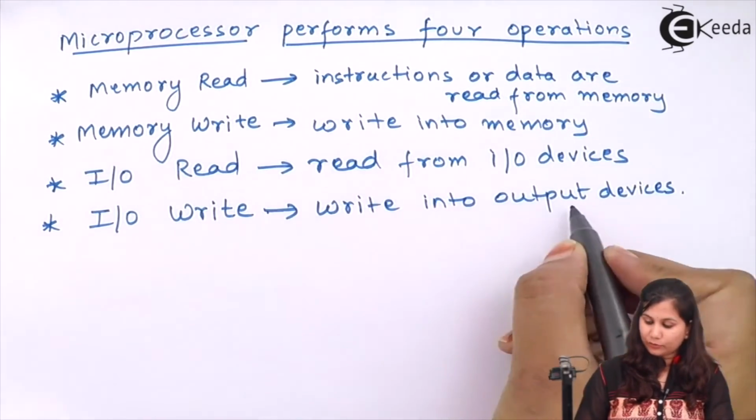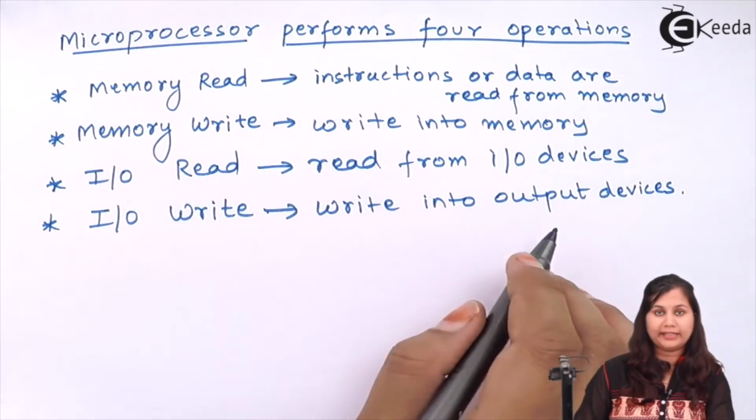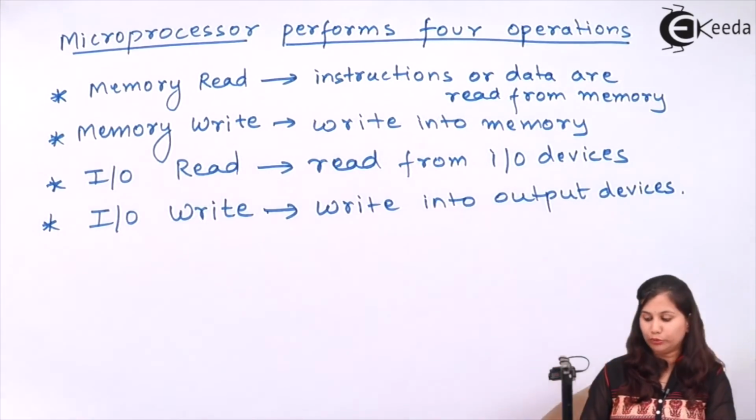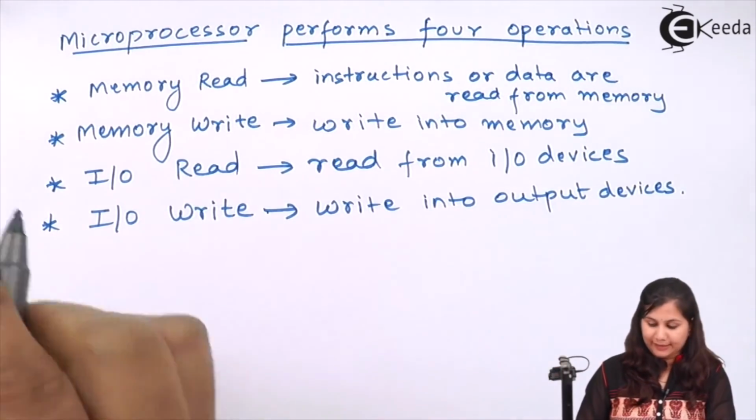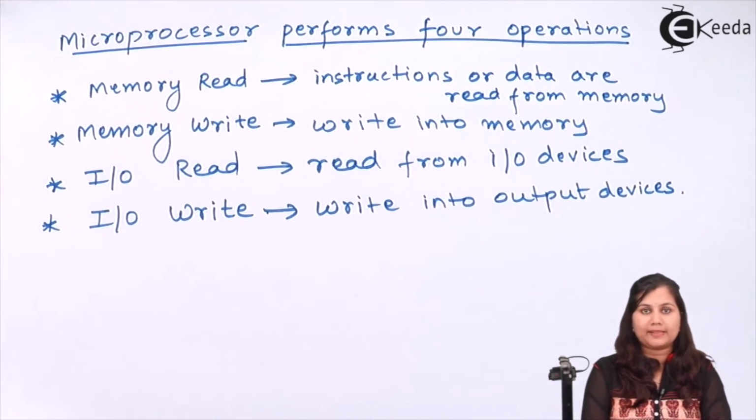Because the result can only be given to the output devices, you have to write the data or send the output to the output devices. So these are basically the 4 operations performed by the microprocessor.